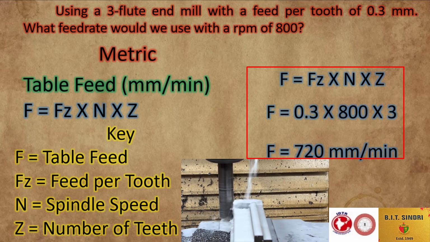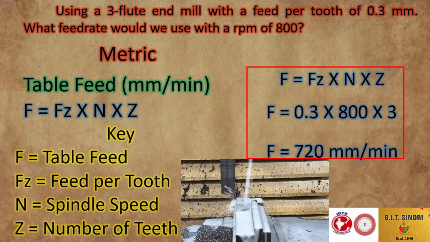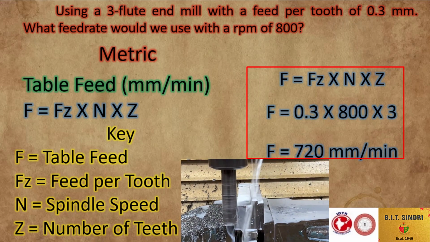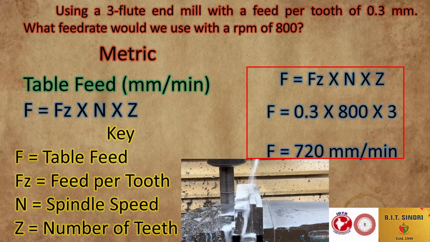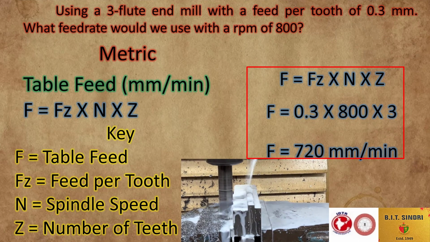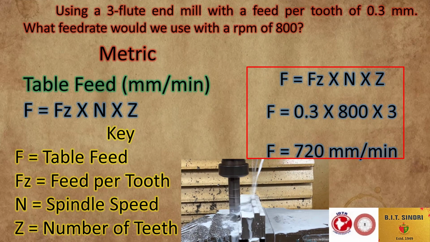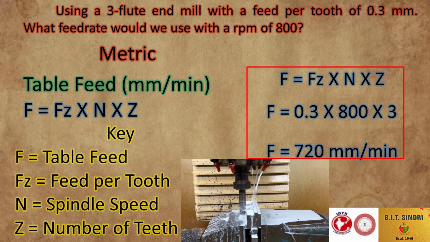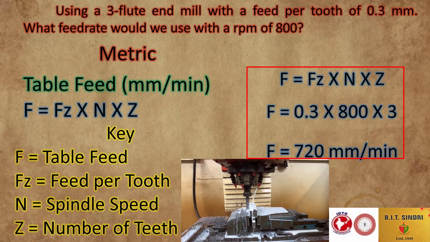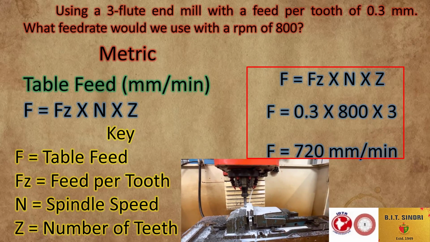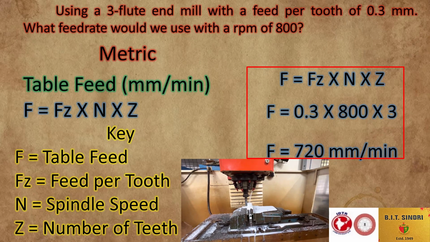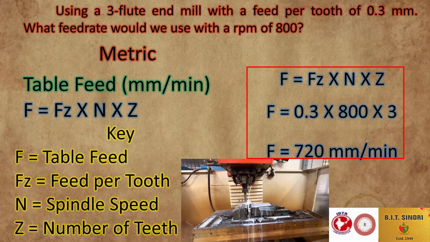Let us say we use a 3 flute cutter, and then we would do the equation. So this would be, let me get my calculator out. So we are looking at 0.3 times 800 revolutions per minute, and we times that by the 3 teeth in our cutter, and that would give us 720 millimeters per minute. So that is how we could calculate our table feed for a metric program.